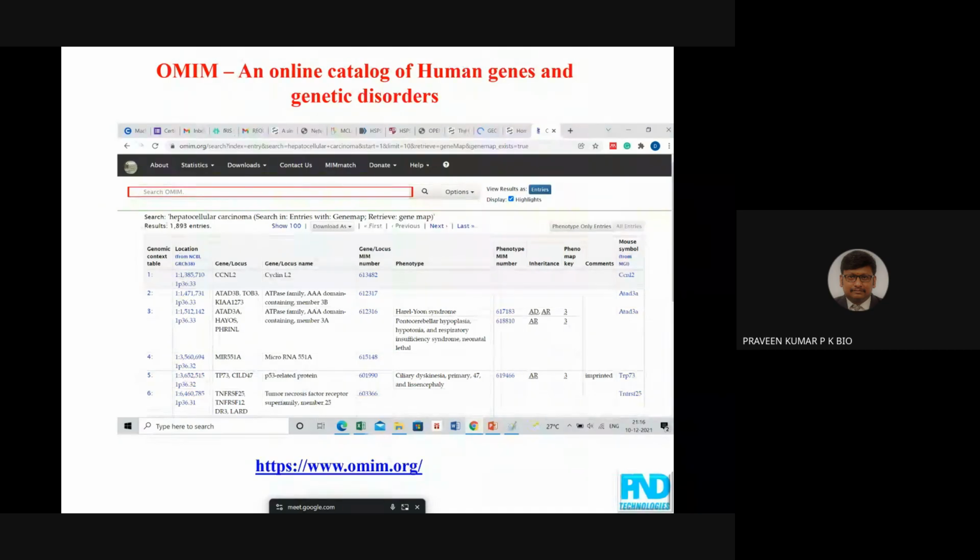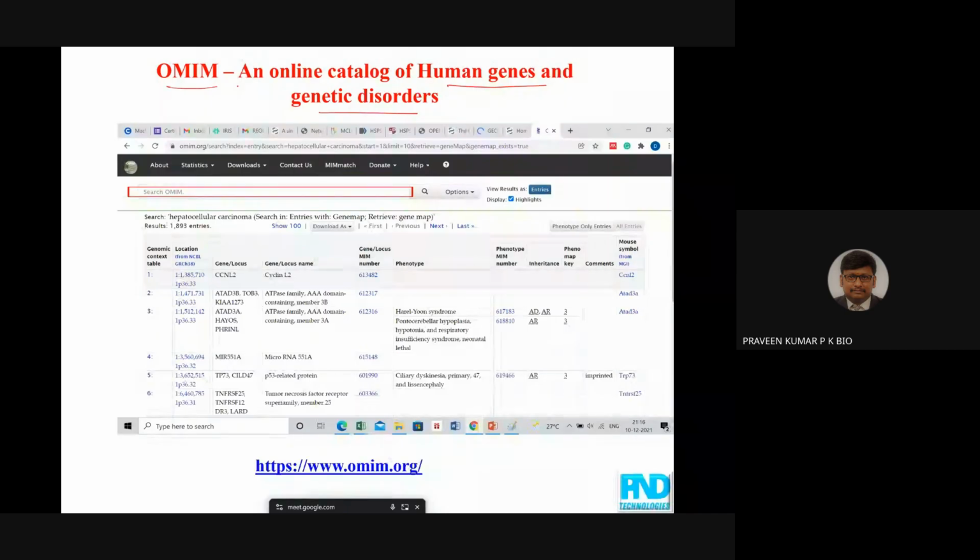And the next is Online Mendelian Inheritance in Man. See, after completing the table of data, I am now explaining the disease databases. I just showed you the disease pathway database. Now I'm coming to the cancer database, and after the cancer, I'm coming to the genes and genetic disorder database.